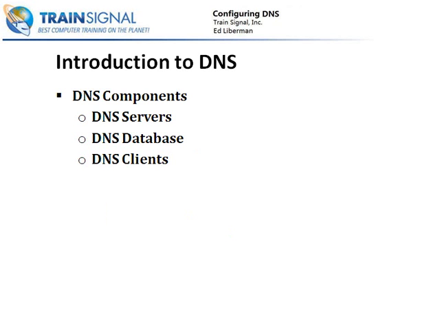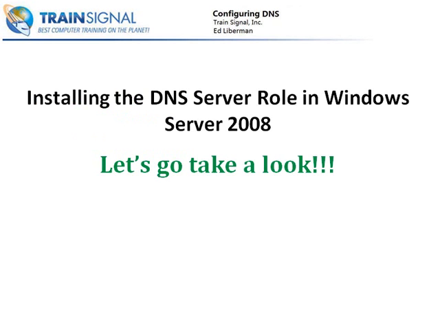Now, queries is something that we're going to look at later on in this video, so we'll just simply say requests to translate names and IP addresses. We have the DNS database of name and IP address information, where DNS servers go to look up the answers to those requests. And then the DNS clients, who send the requests to the DNS servers.